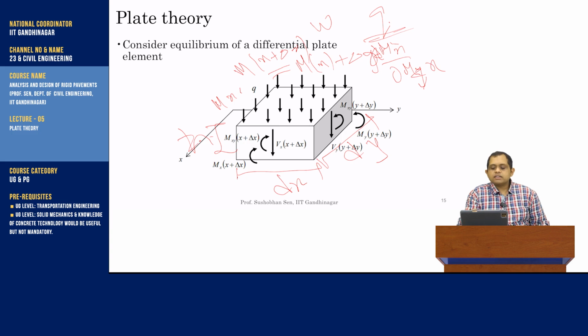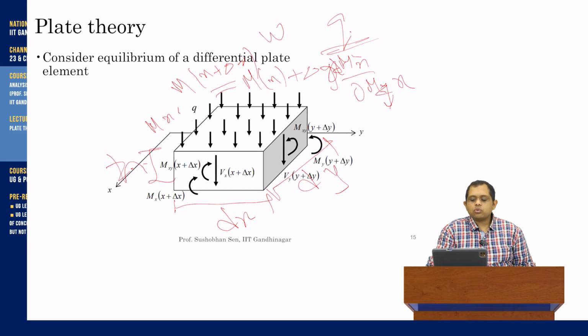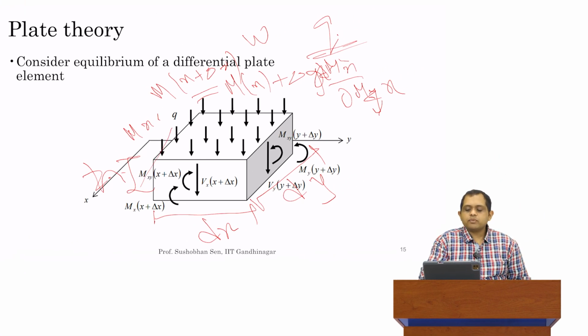I'm sure all of you have seen this particular relationship throughout. So on one face we have Mx, and on the other face we have Mx plus delta x into del Mx over del x.